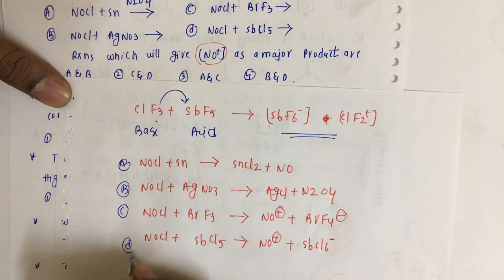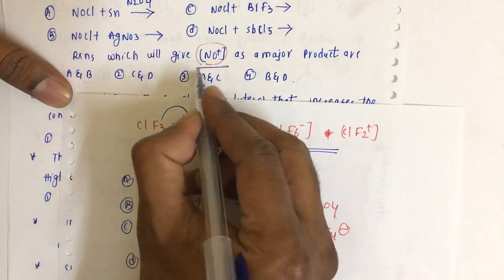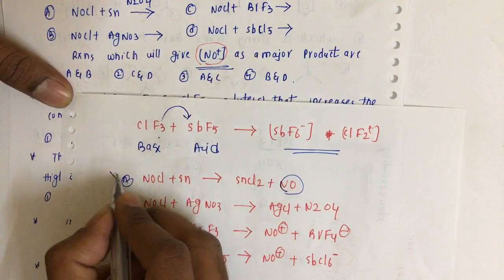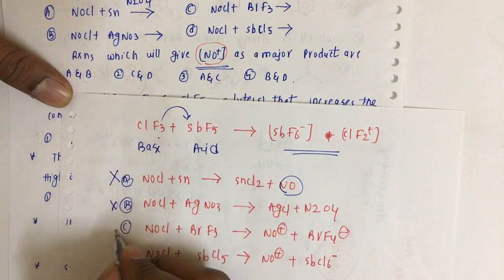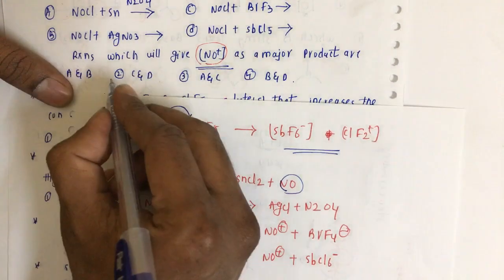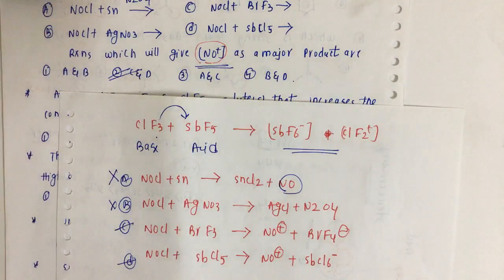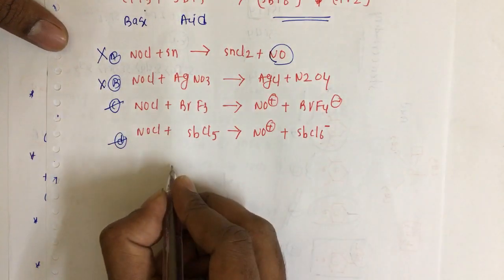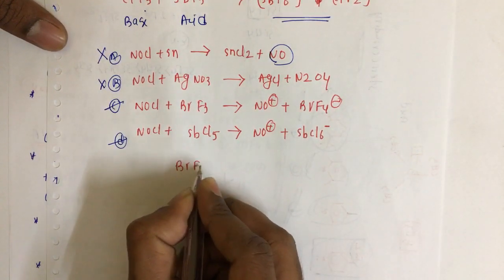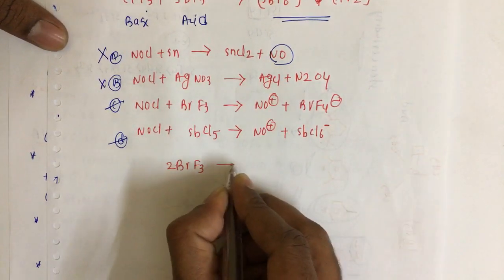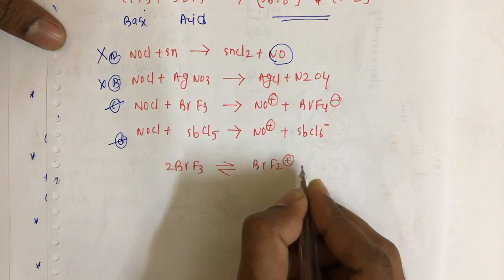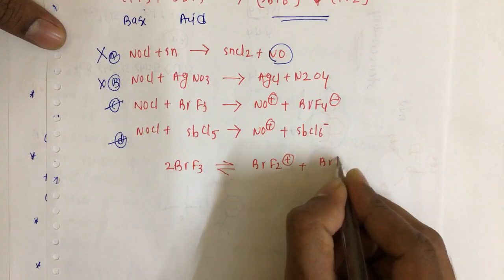So they have asked in the question which is giving NO plus as a major product. Here we are getting NO, so this is not giving, and this is also not giving. Option C and option D are giving, so the answer will be C and D. And here we have to remember one thing. This kind of question they frequently ask. When we have BrF3, 2 moles, we will get BrF2 plus and BrF4 minus.